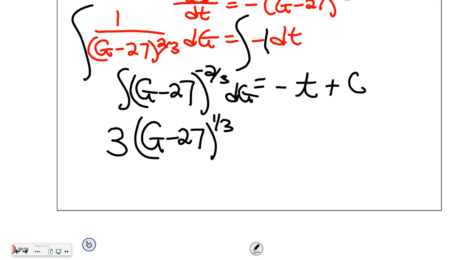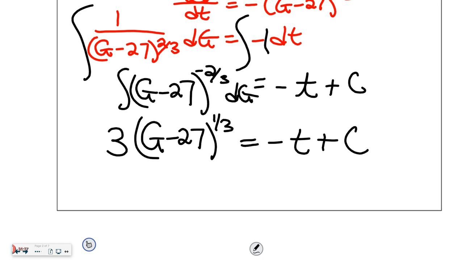How are we doing? What do you think, Alex? Weird, right? But the process is the same regardless of how ugly it is. Isolate the variable. Yeah, I have to divide, and yeah, it's ugly, but I can do that. And then over here, I get negative t plus c. At some point, we need to find c. Who wants to find it now? I do. Okay.